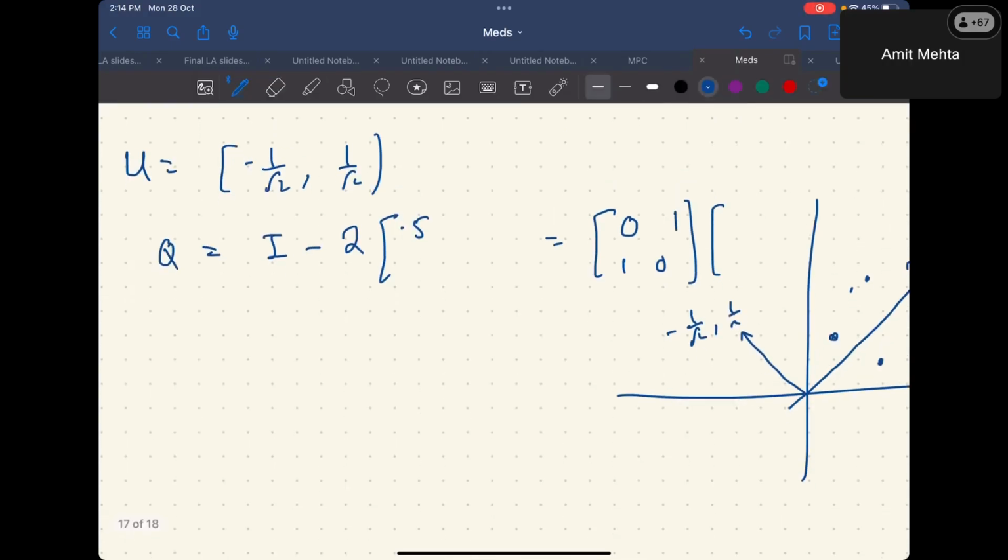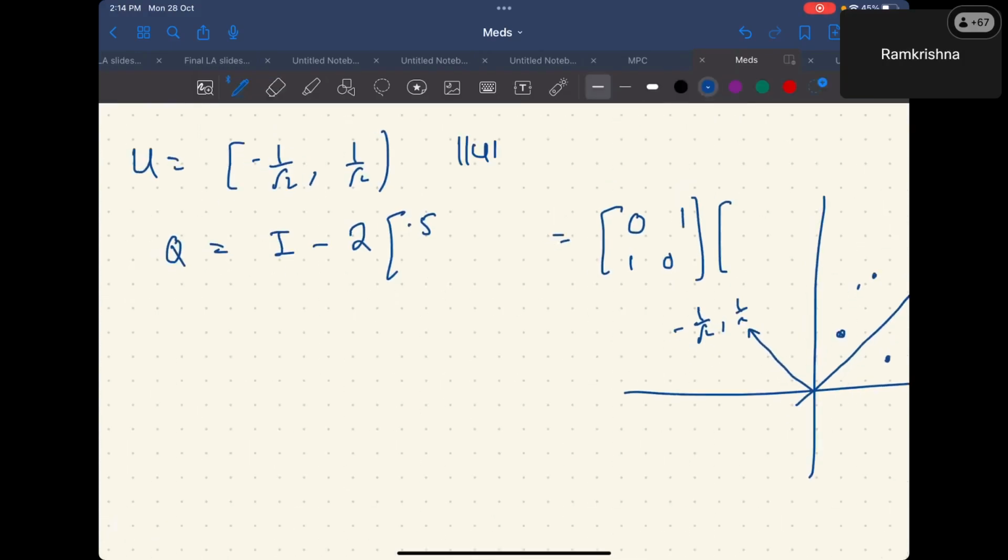But to make it orthonormal, you may need to impose the condition that U squared equals 1, so U is a unit vector, because we want the orthonormality, not the zero. So if we have any other vector, first of all, we need to convert it into a unit vector and then proceed further.